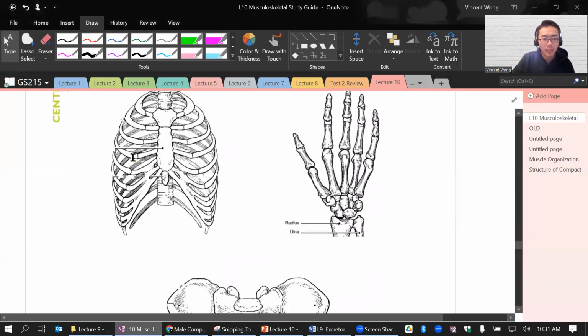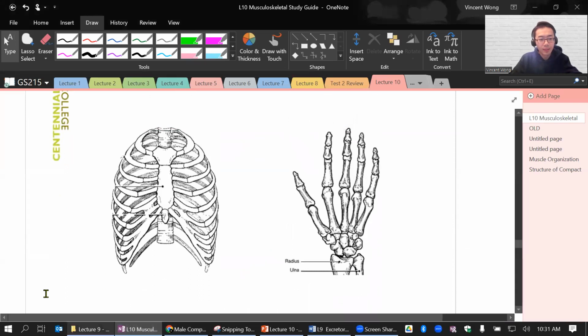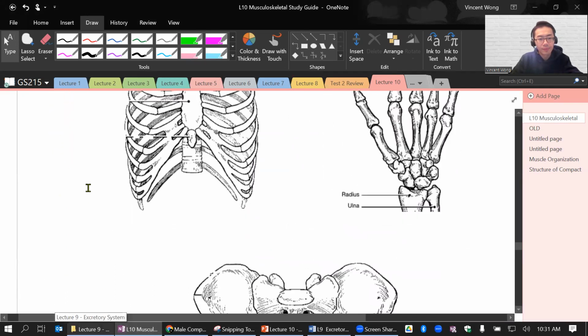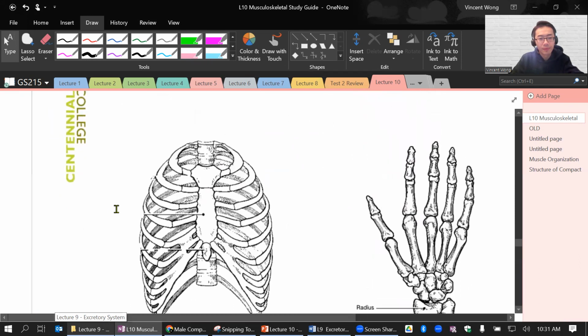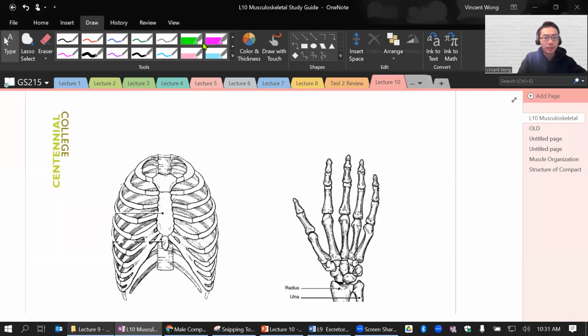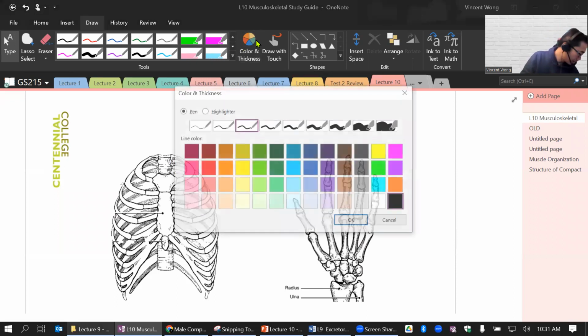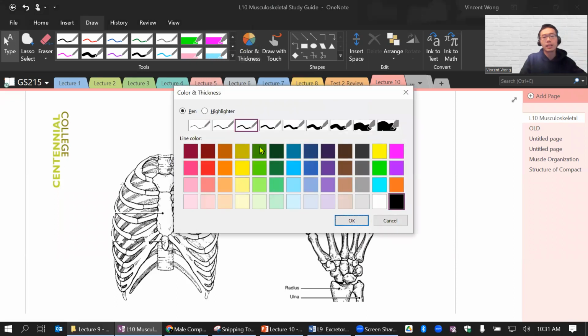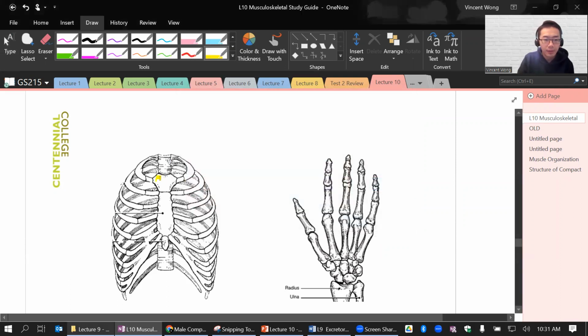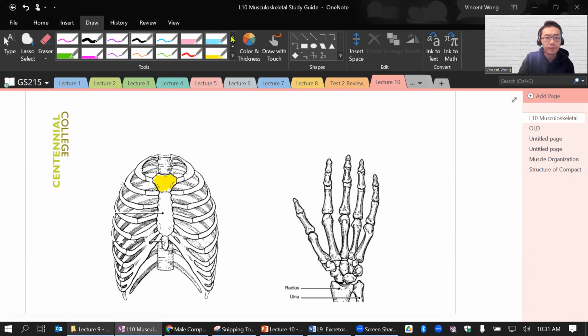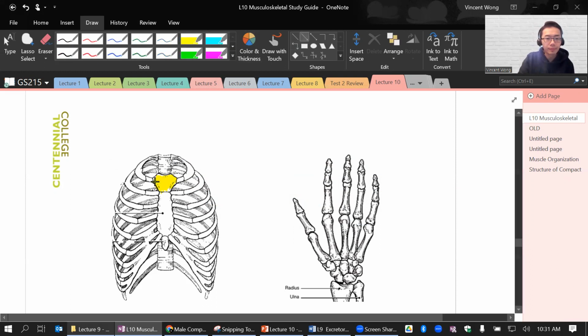So over here, let's go through it together. Let's take out your coloring pencil if you have any. That right there is the manubrium. Manu and then brium.